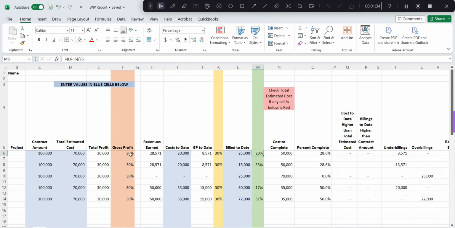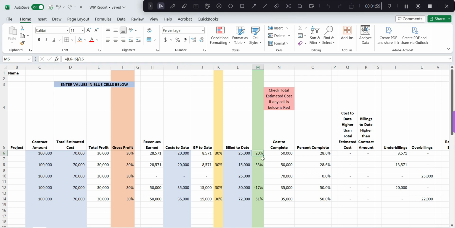Notice one thing. You estimate that the whole job will have 30% gross profit, but you're billing at a rate of 20% gross profit. Here's where underbillings come into play. When you have estimated gross profit higher than your actual gross profit calculated on the activity, you have underbillings.